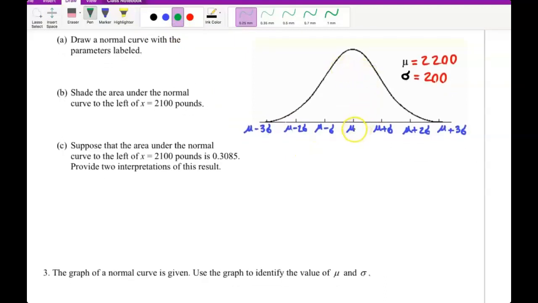Okay, then I'm using these numbers on this part. Mean is 2,200. Then mean plus standard deviation, adding these two numbers, we have 2,400.